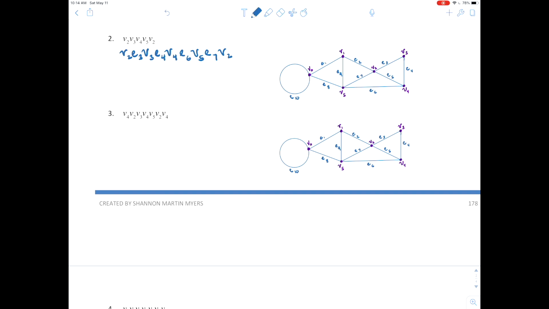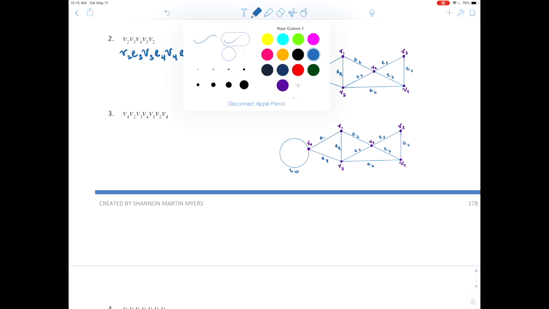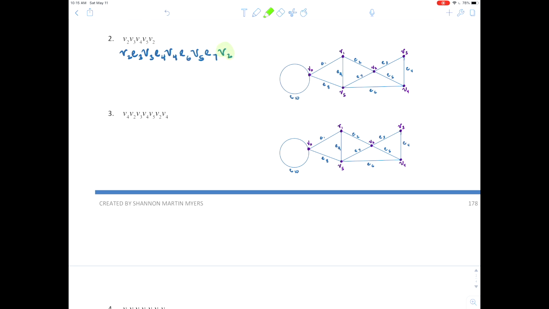Cool so far? So one thing I wanted to point out is that we do start and end at the same vertex. If you see here, we start and end at V2. So let's just trace what we have and go from there. So what do we have? V2 goes to V3. So you can look at it whichever version of the graph you want to look at.